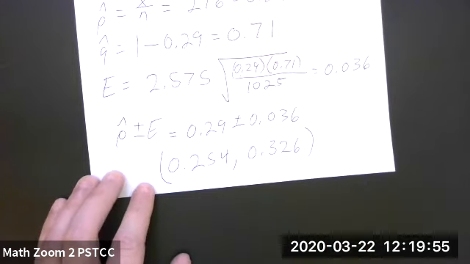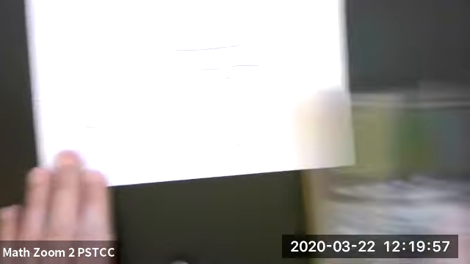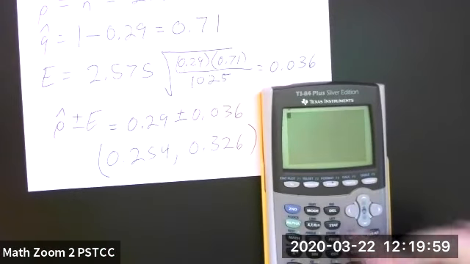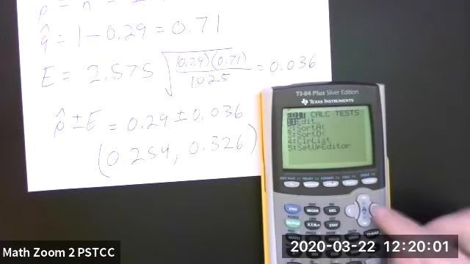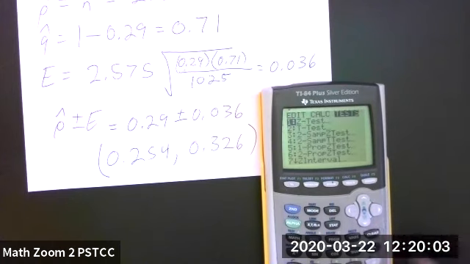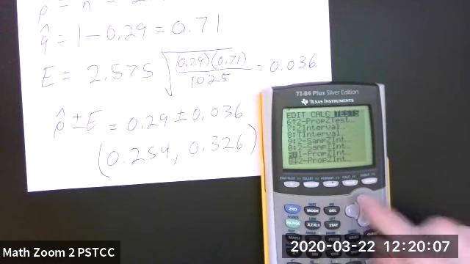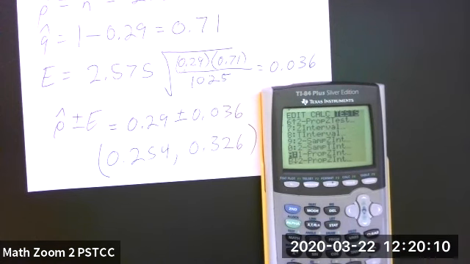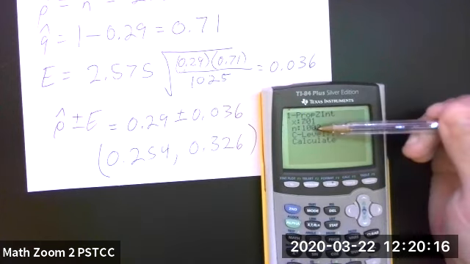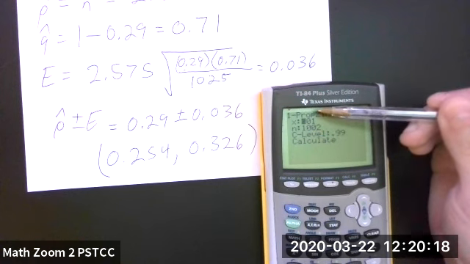We can check our solution in the calculator. If we again go to Stat, Tests, and go down to 1-PropZInt. Now, be careful when you're putting this in a calculator. X and n must always be whole numbers.